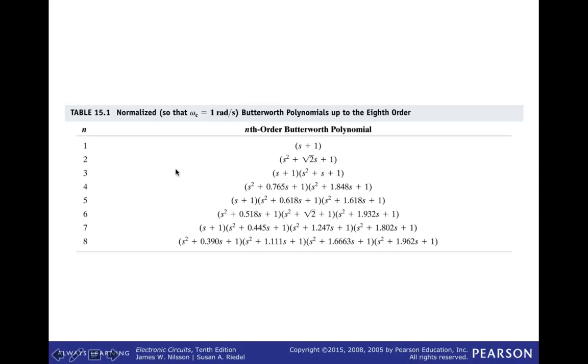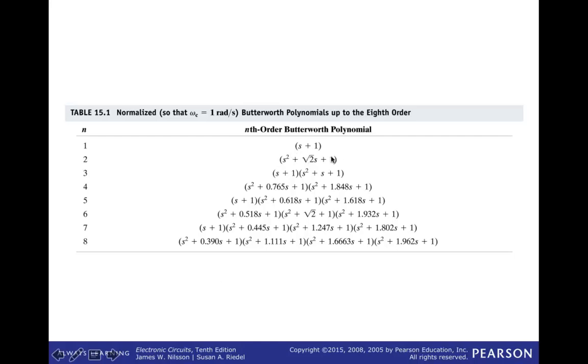The other stage, if we have an odd number, is going to be a different kind of transfer function, meaning we're going to have a different kind of circuit. If n is an even number, then we just have the Butterworth polynomial, we have the Butterworth circuit, we don't have this s plus 1 stage. So that's the first thing to note.